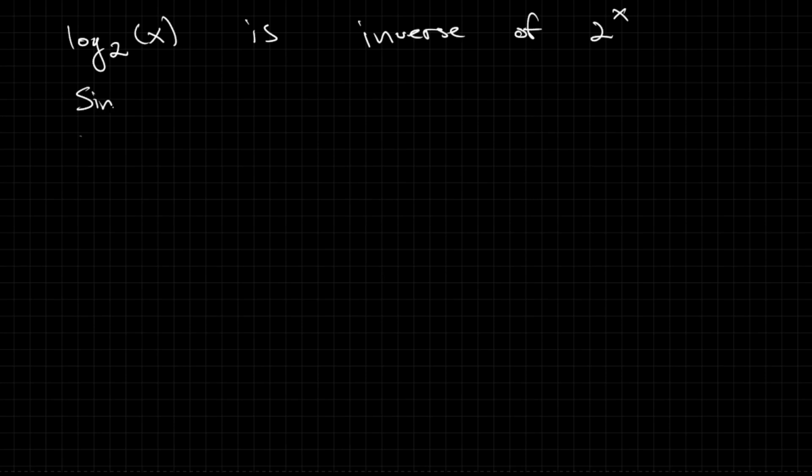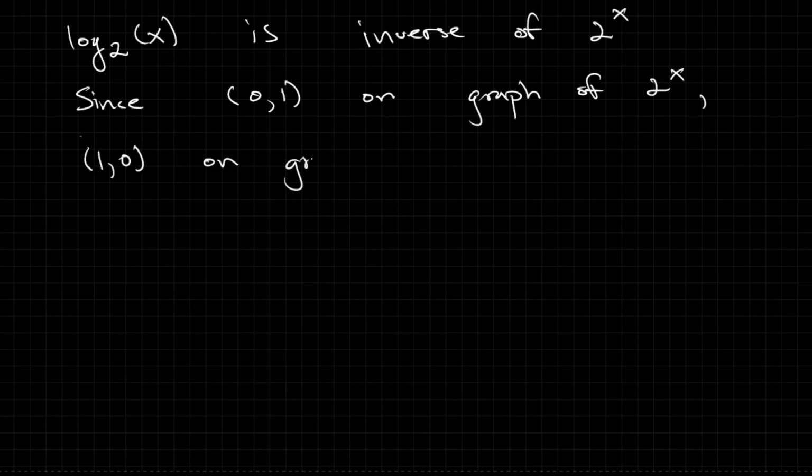So since 0, 1 is always on the graph of the exponential function, so in particular, 0, 1 is on the graph of 2 to the x, we would know that 1, 0, that is the point where we switch the x and y, 1, 0 is on the graph of the inverse of 2 to the x, which is log base 2 of x.